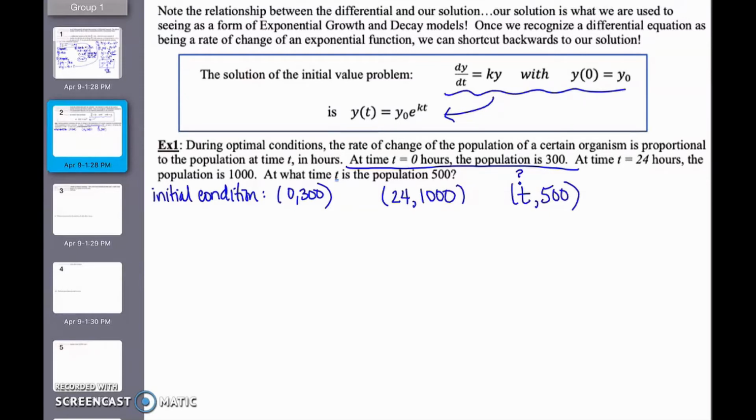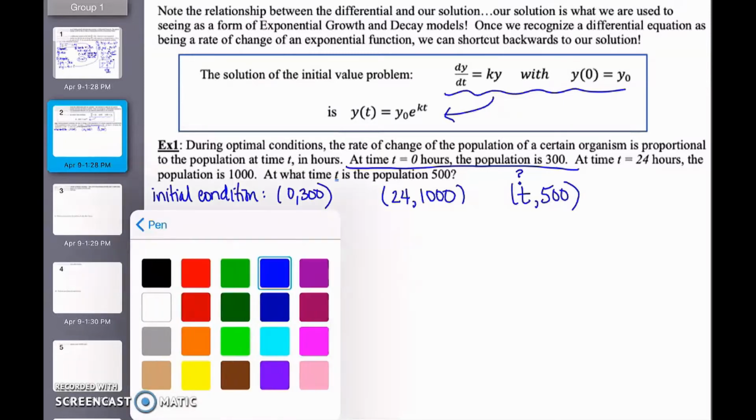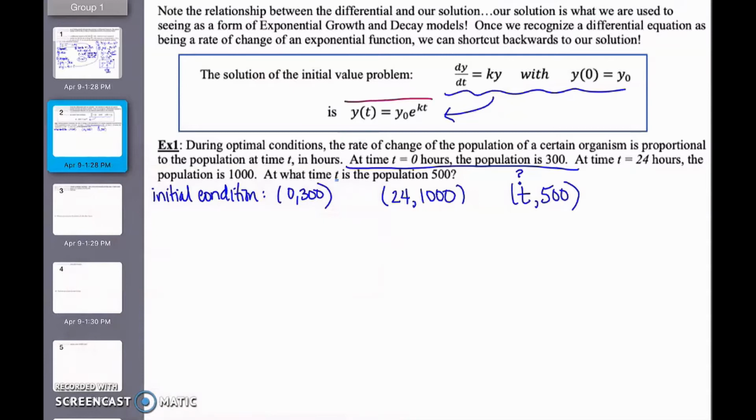So the first thing we're going to do, we know our initial condition, so we're going to use our exponential model. We're going to say y is equal to the initial condition, that's our y sub 0, which is 300 for this problem, times e to the kt power.